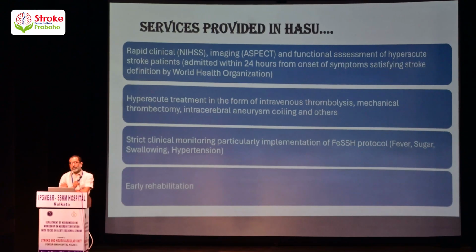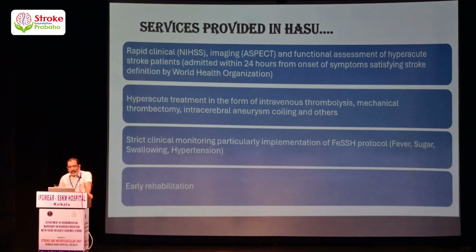In the hyperacute stroke unit, the important service that we offer is proper assessment of the patient, including severity assessment by NIHSS score, imaging by ASPECT score, and functional assessment.